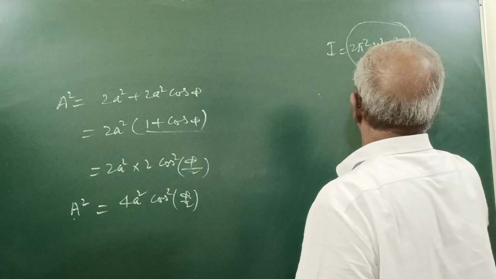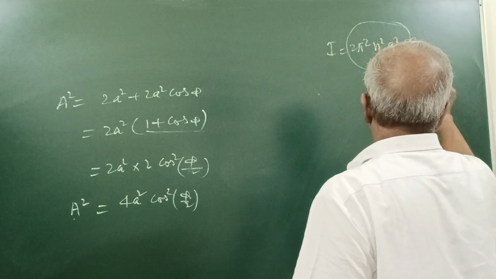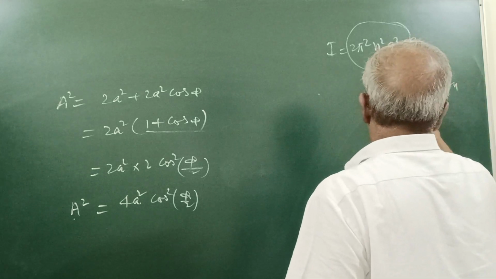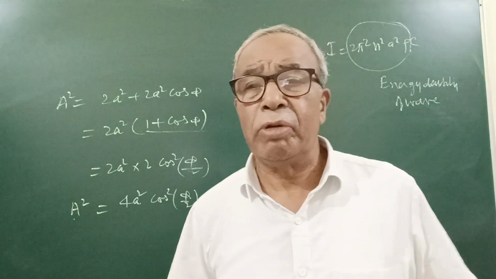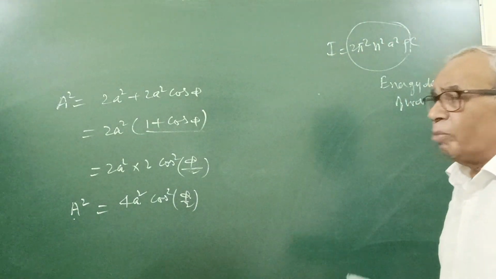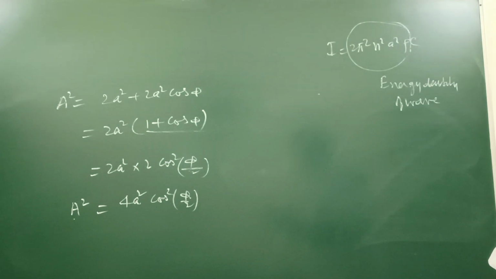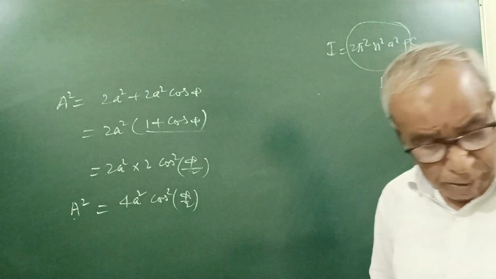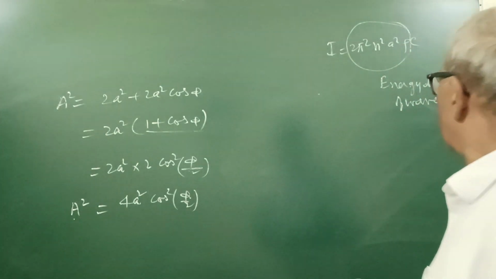This part is called the energy density of the wave. I have discussed intensity of wave many times. You can understand the definition of intensity of an electromagnetic wave from the playlist of the chapter electromagnetic wave.